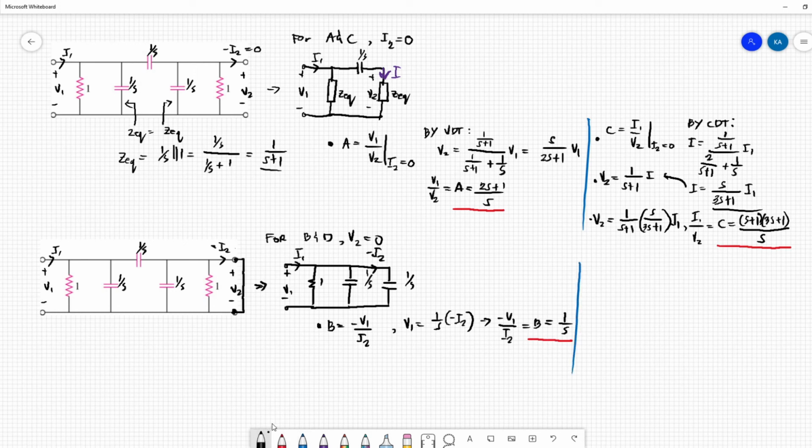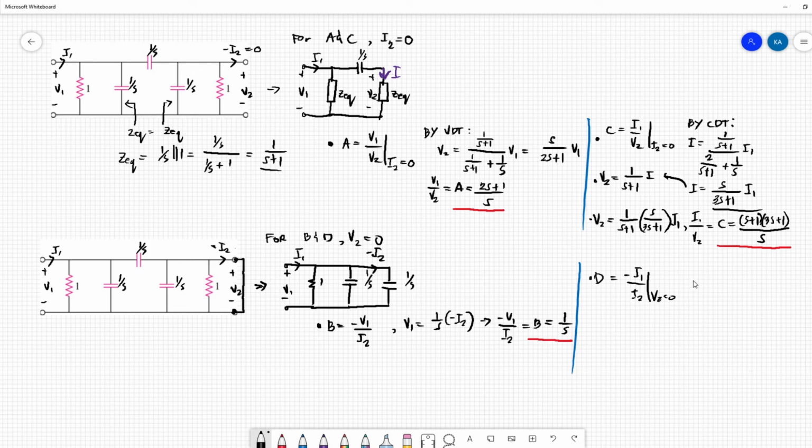Now solving for D, D is equal to negative I1 over I2. We can relate I2 and I1 by using CDT. We have three branches, so we use the general formula for CDT.